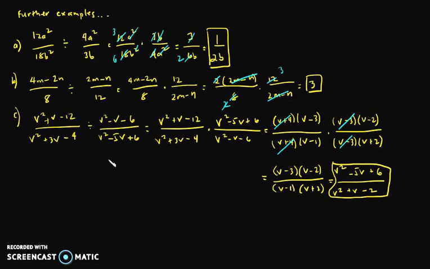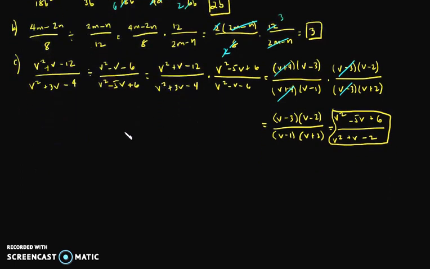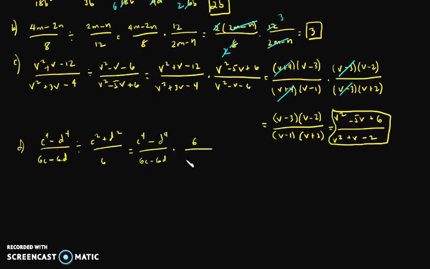So we still have some time, so let's proceed with another question. Say d. So I have here c to the fourth minus d to the fourth over 6c minus 6d divided by c squared plus d squared all over 6. So again, by rewriting, over 6c minus 6d, that is times 6 over c squared plus d squared.